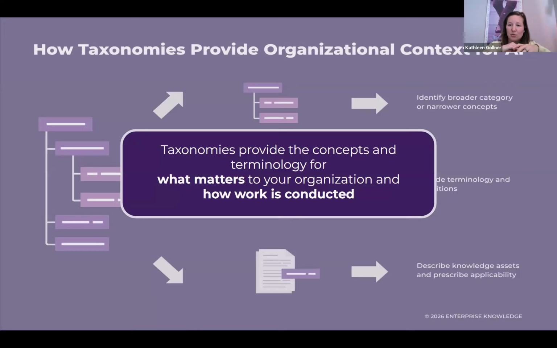Conveying that kind of information to the AI through a taxonomy can help ensure that you're really helping the AI identify that critical information that's available. It's out there in your large corpus of knowledge assets that the AI can reference. But here we use our taxonomies to provide a more direct line to those really important things.